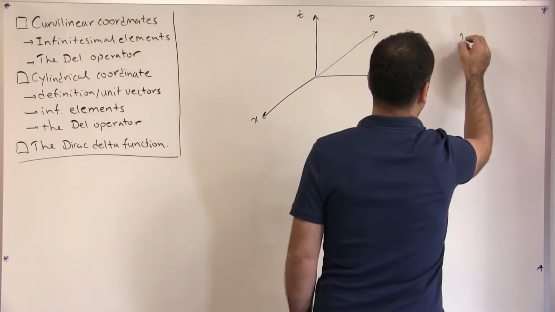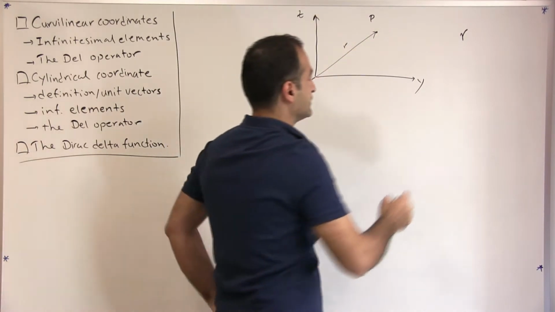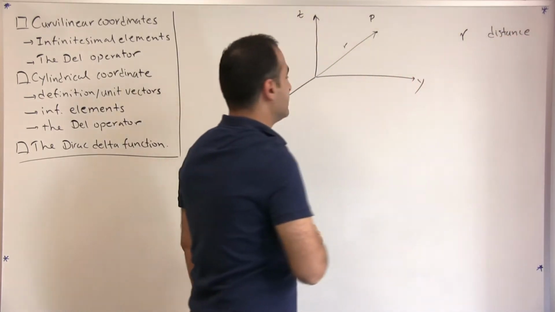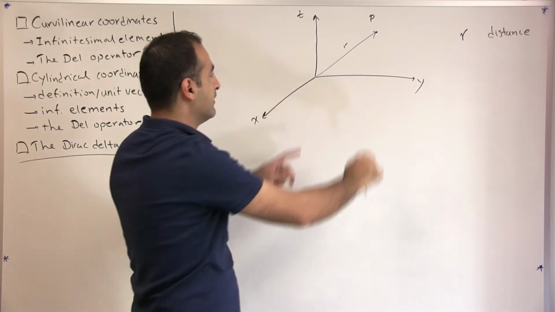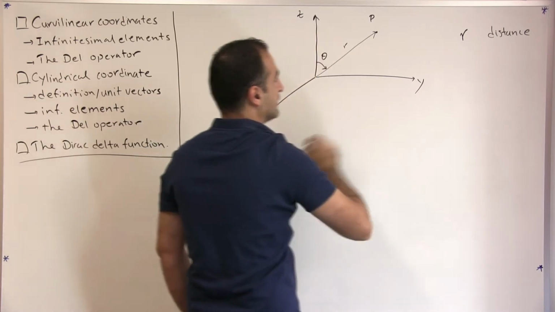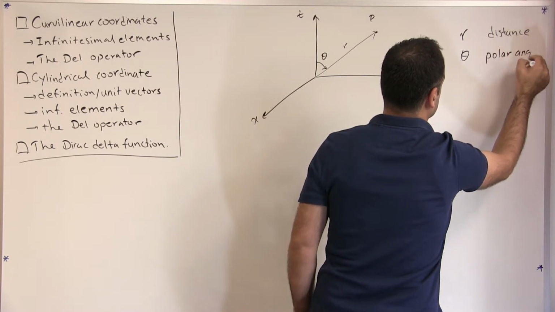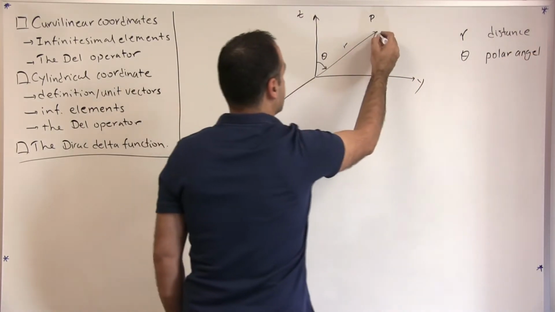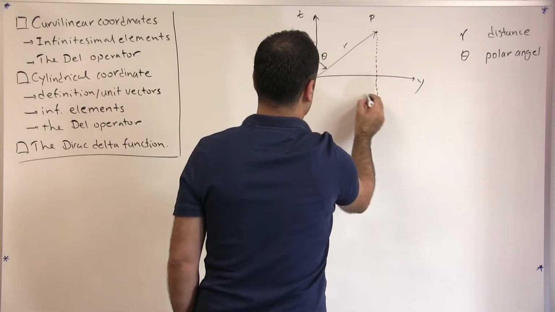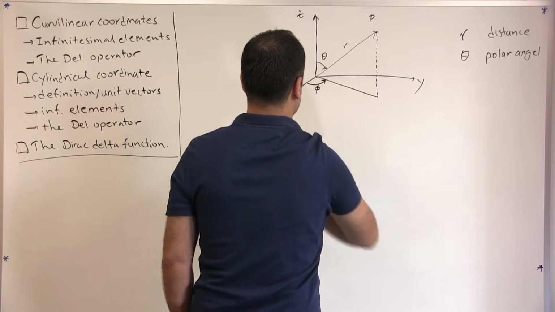with three variables. R, which is this, the distance of the point to the origin. Okay, so this is simply the distance. And then we also look at the angle that R makes with the positive z-axis, measured in this direction, and that is theta, which is the polar angle. And then we have phi.